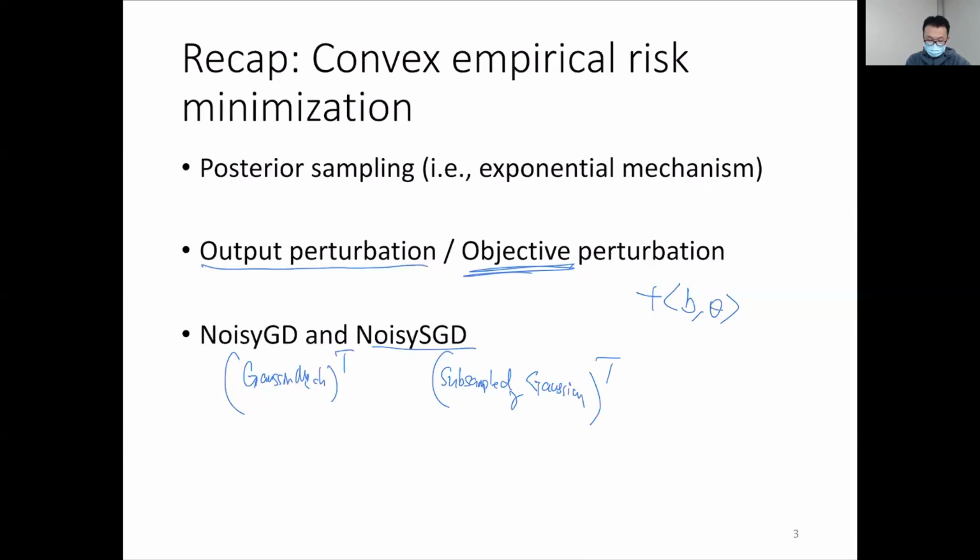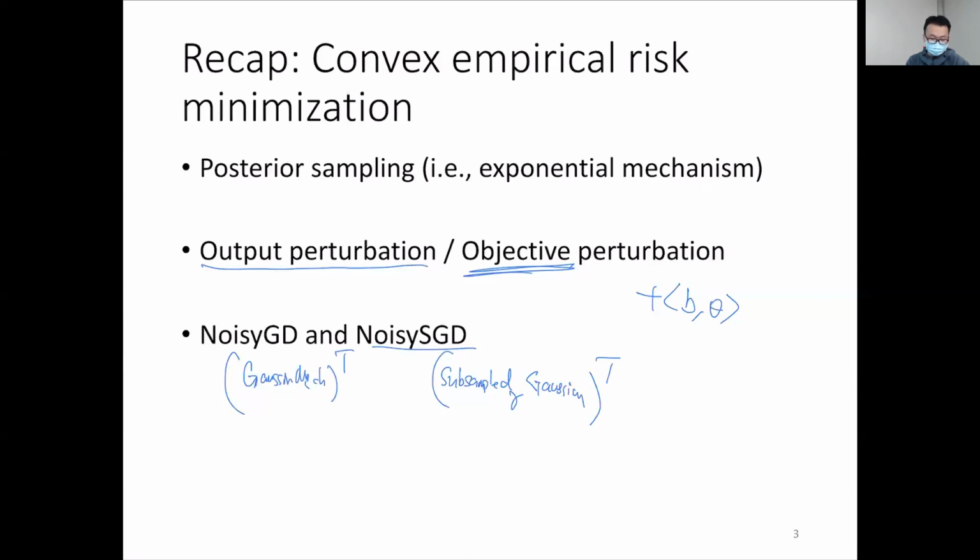So how much worse is the solution that your differentially private algorithm would return, measured in terms of the objective function we're trying to minimize, compared to the actual arg min that we can obtain in the non-private setting.